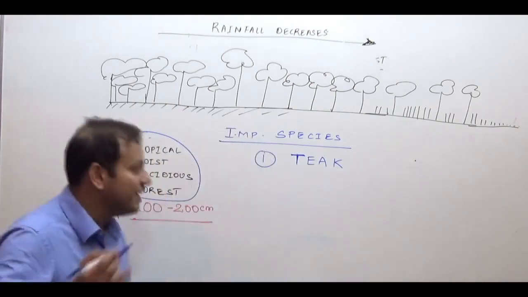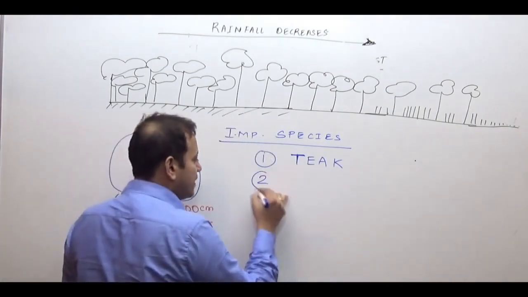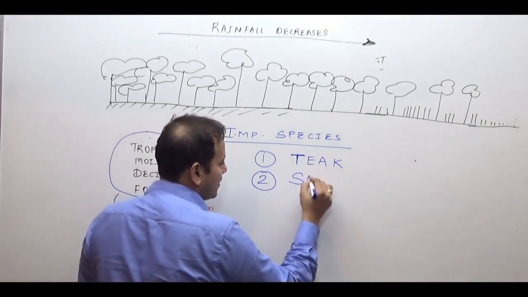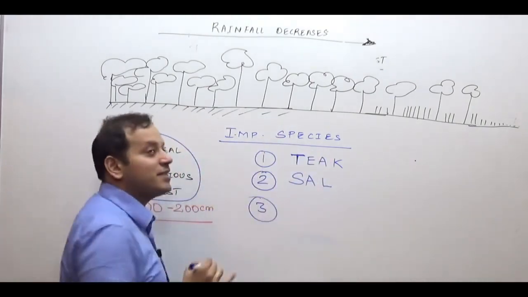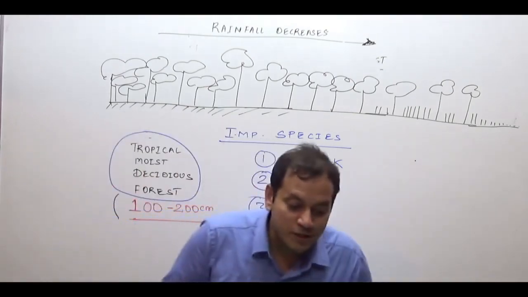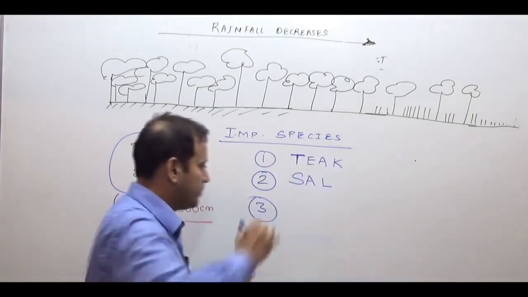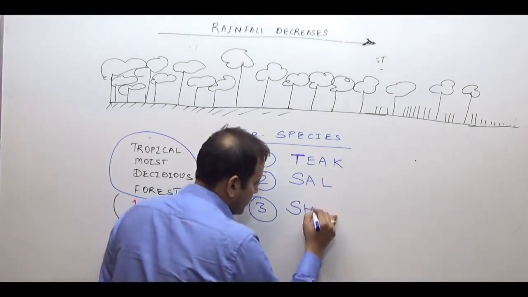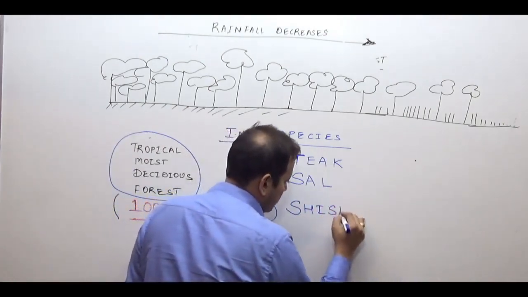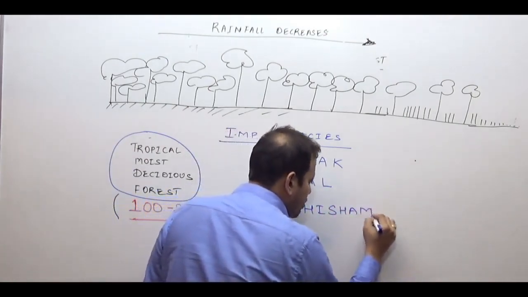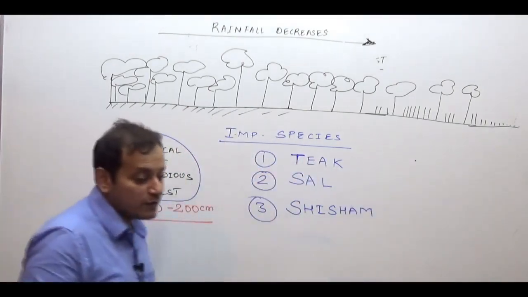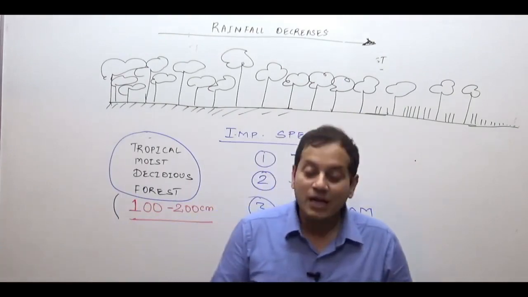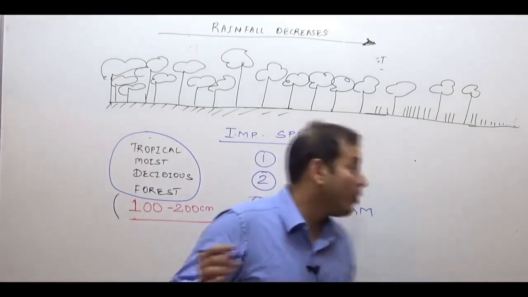Then another commercially important wood is sal, the other important species. The third important species is shisham. All of them are commercially important.